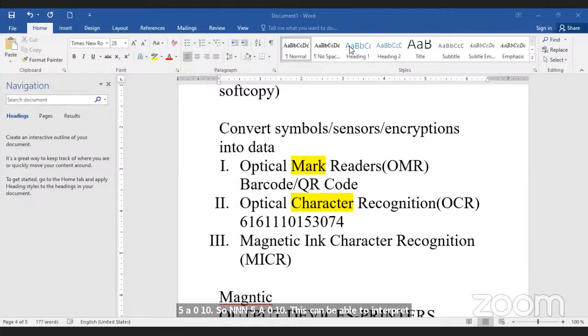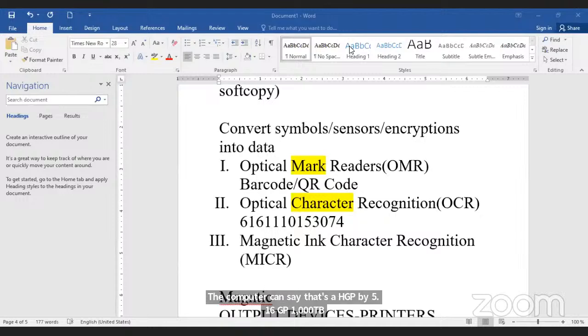When he enters or scans N5A010, the computer can say that's an HP, Wi-Fi, 16 GB RAM, 1000 terabyte, 15-inch. So that is how characters can be used.